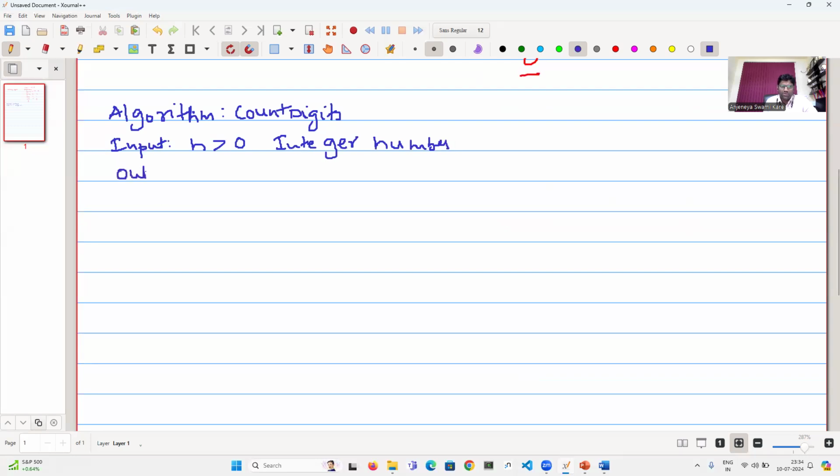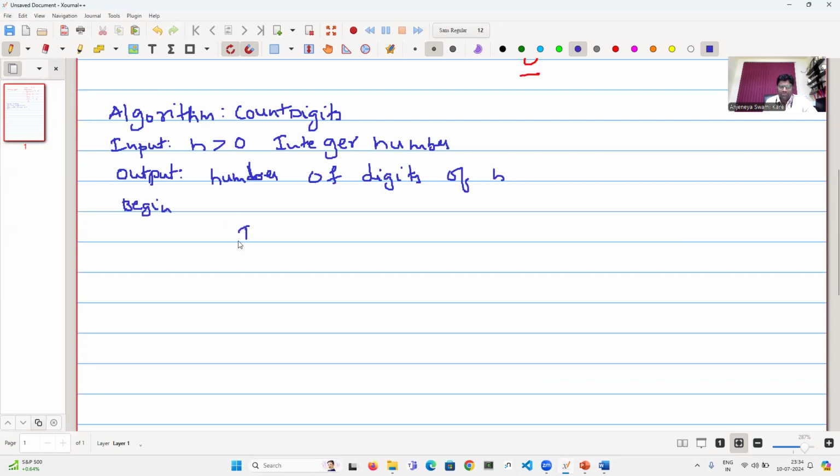What will be the output? The output will be the number of digits of n.